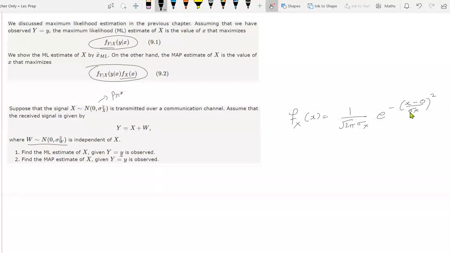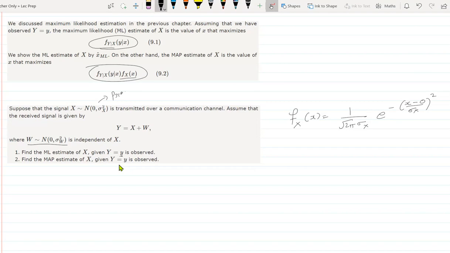I think there's a 2 or something here if I remember correctly. It is the normal 0, sigma square distribution. And what else are you given? You are also given f of y given x. What is f of y given x?